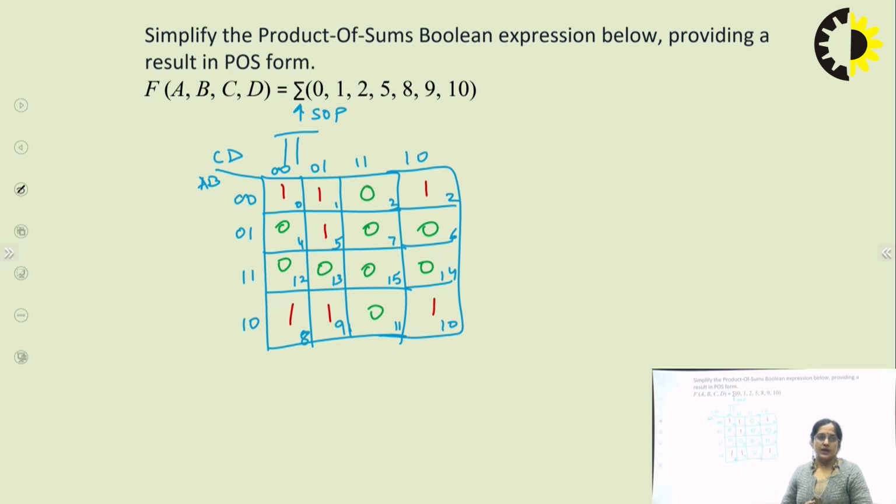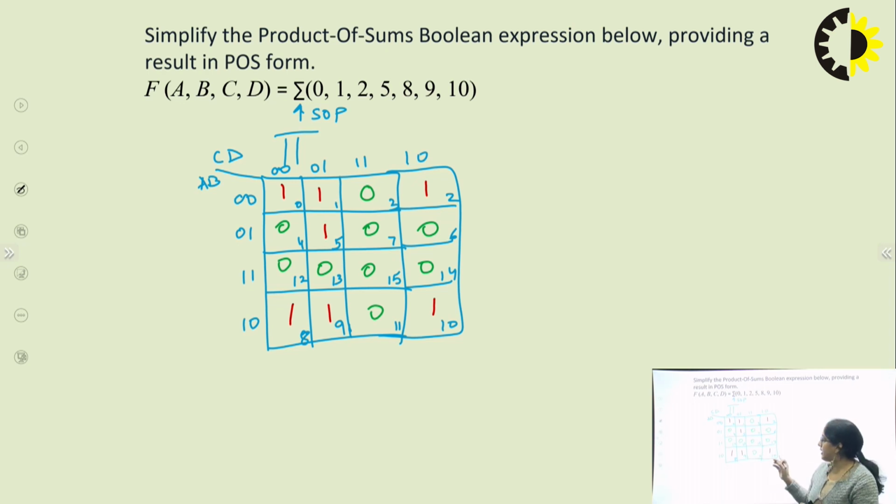Now we have to make groups for these zeros. The rule is the same: we find the adjacent cells and make the group. We first look for a group of 16, then an octet. If an octet is not there, we go with a quad. If a quad is not there, we go with a pair. And if nothing else, we make a single cell representation with 4 variables.